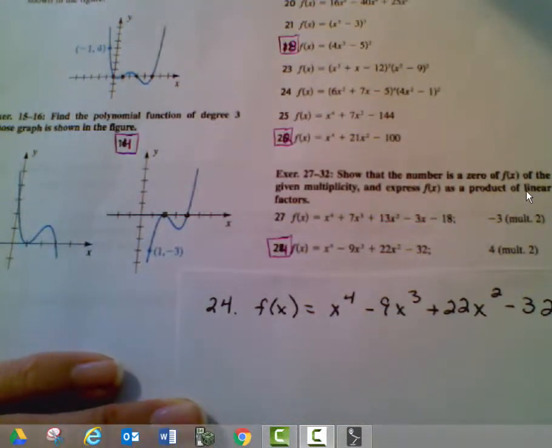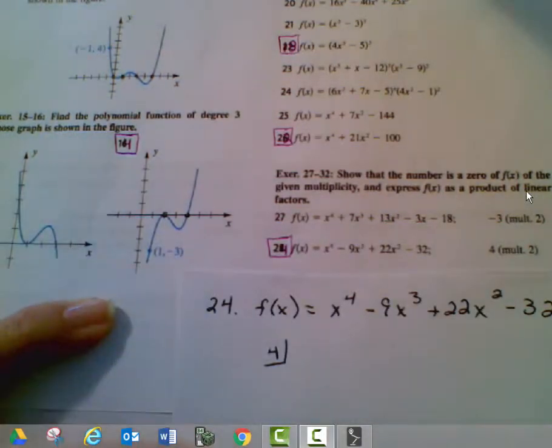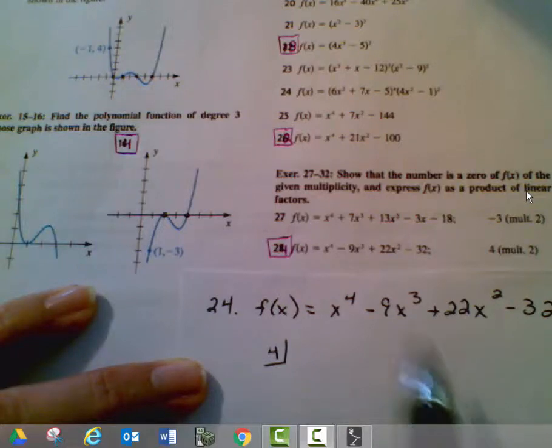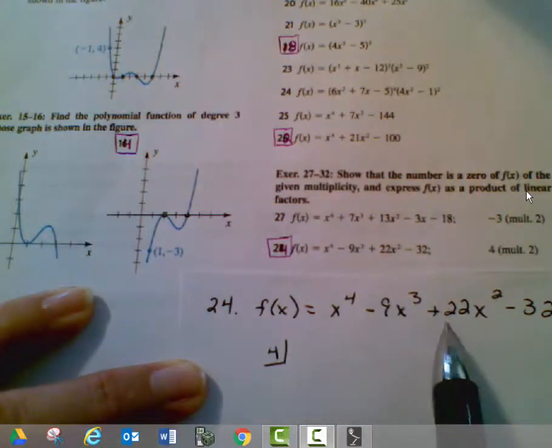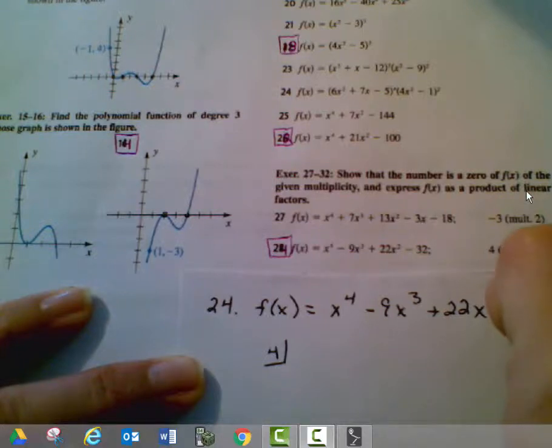Again, if 4 is a zero of the function, that means if we do synthetic division with 4 in the box, we should get 0 remainder. Now, before I write down the coefficients for synthetic division, I'm going to check to see if I'm missing any terms. I have my 4th degree term, my 3rd degree term, my 2nd degree term, but I'm missing a 1st degree term.